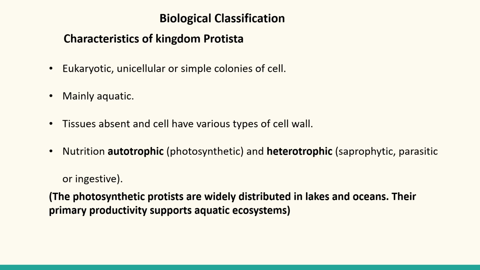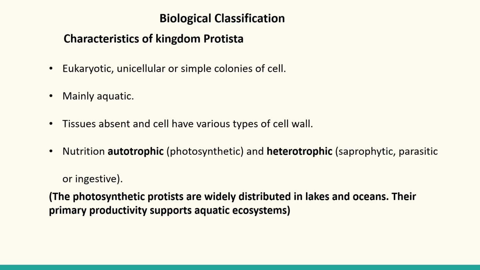They can be found in the form of a unicellular organism, or sometimes they are present in the form of a colony. Mostly they are aquatic in nature. Tissue is absent, and cells have various types of cell wall. Here the tissue is totally absent. The whole organism is just one cell.